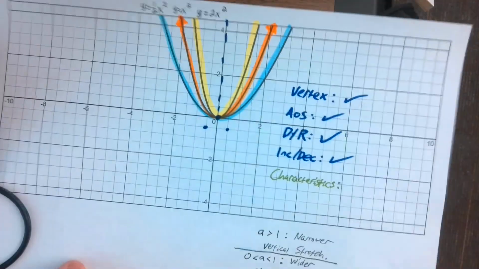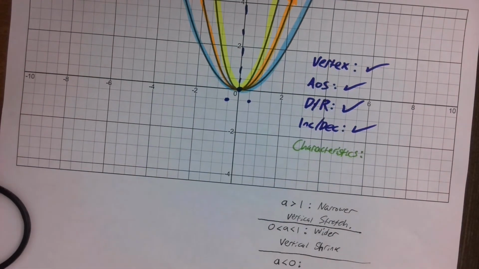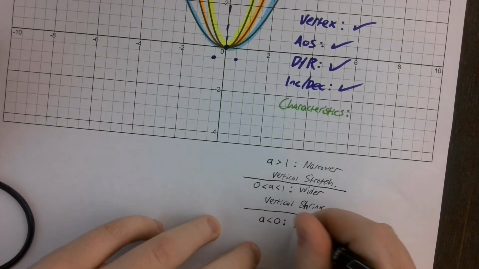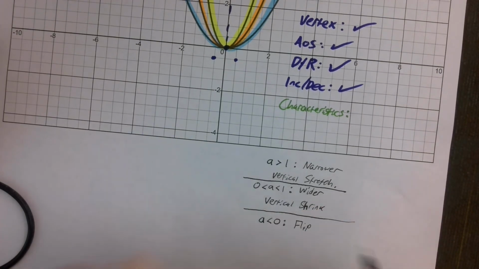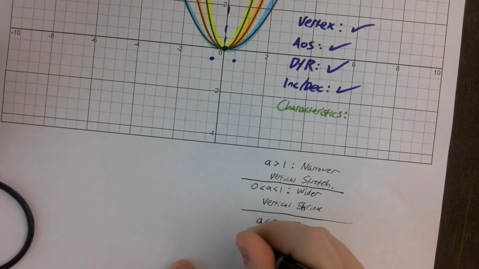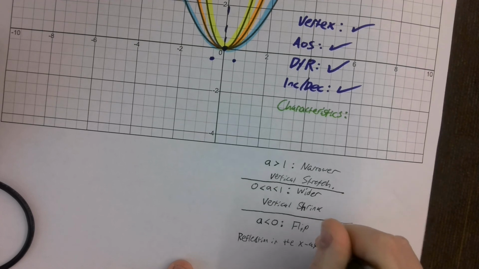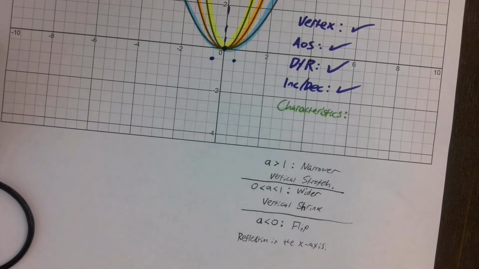We do have one more characteristic. I like to personally just call it a flip. It's easy to remember, but Big Ideas is going to word it a little bit differently. They call this flip a reflection in the x-axis.